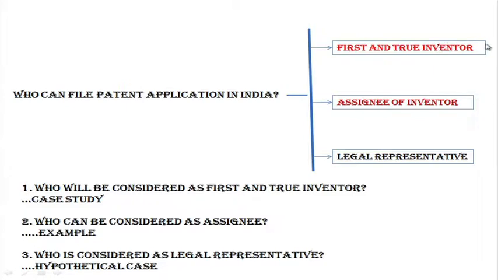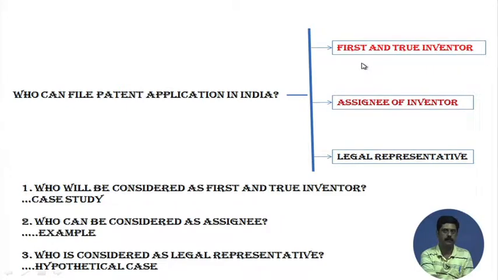Here I have referred to first and true inventors. Let's say you invented some fluid, maybe for magnetohydrodynamics, as in the last class discussion. You are the inventors, but whether you will be considered first and true inventors, that part I will explain. So who can file?